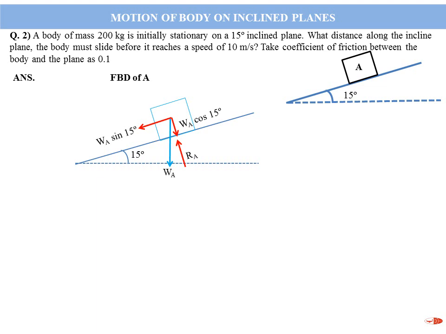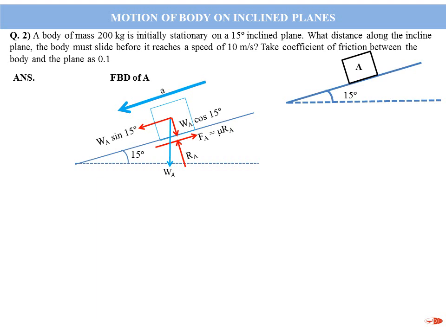Since the body is sliding down, the frictional force FA will be in the opposite direction of the acceleration, FA equals mu RA. All the forces in the direction of acceleration you should take as positive, and all the forces in the opposite direction you should take as negative.